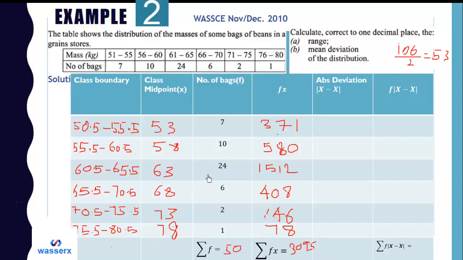So now the mean, given by x bar, is sigma fx over sigma f, so we have 3095 divided by 50, and I think this will give us 61.9.